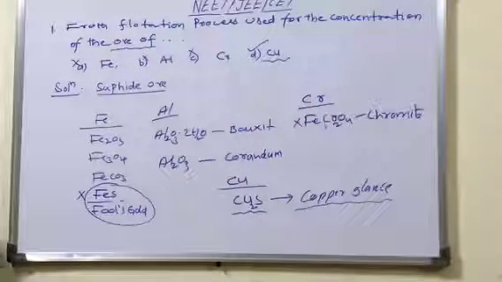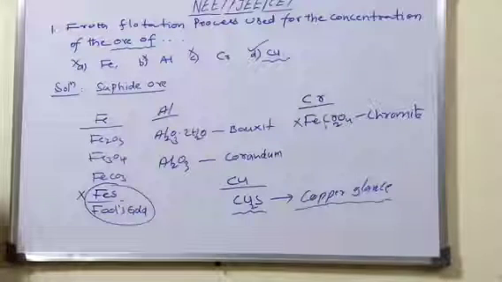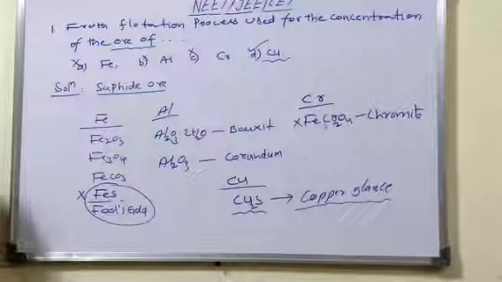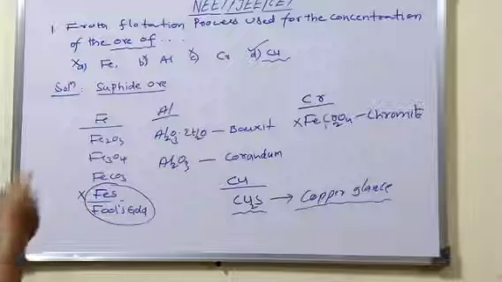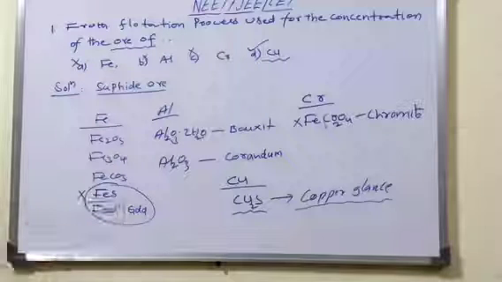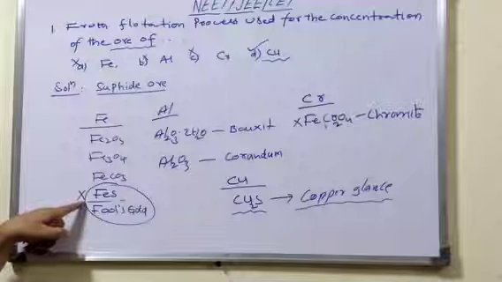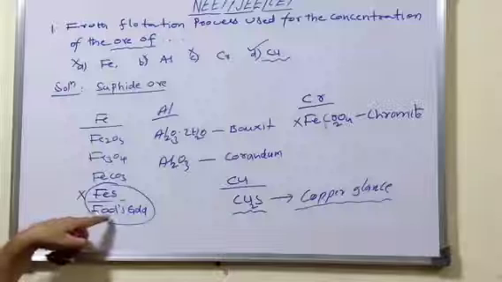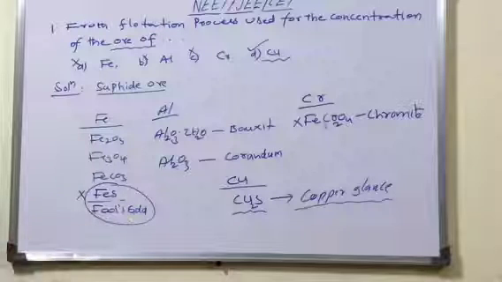So generally we are learning that sulfide ores are concentrated by the froth flotation method. Like these questions they will ask. Iron is not possible, all are oxides, but we have FeS, but it is not the ore, and another name we are calling fool's gold.